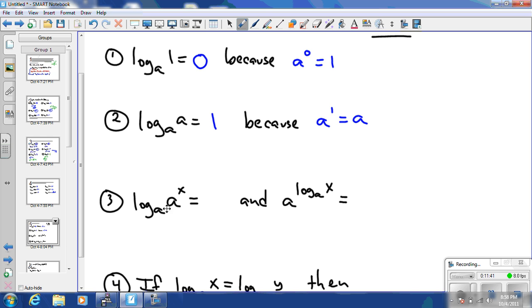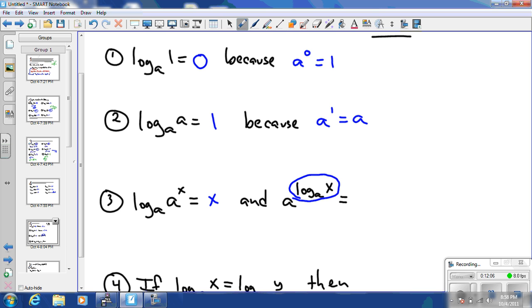Here we have a little bit of a more confusing one. Log base a of a to the x equals x. A to the x equals a to the x, basically is what that's saying there. Now this one here, a to a power equals something. Well, let's look first at what this part up here is.